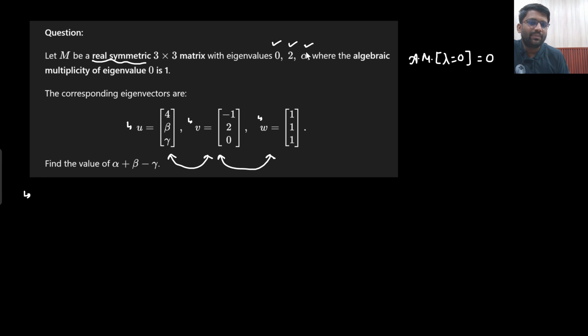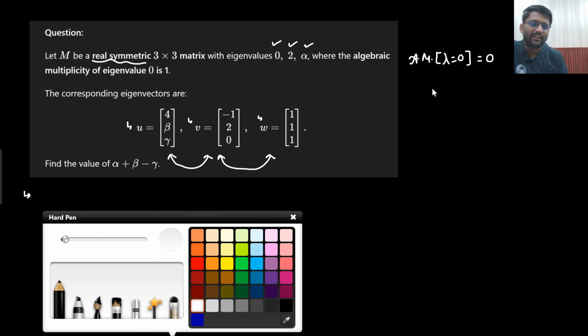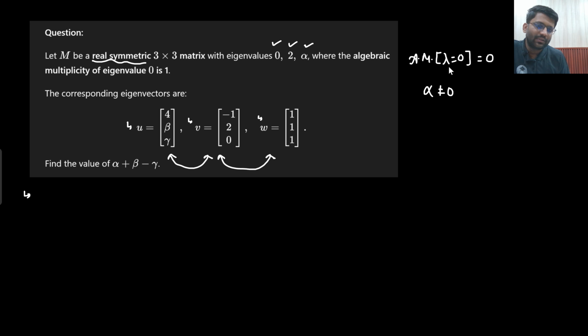That means 0 is repeated only once, so alpha cannot be 0 for sure. Alpha could be 2 or anything else, that I don't know. Now, how do I find out the value of alpha?